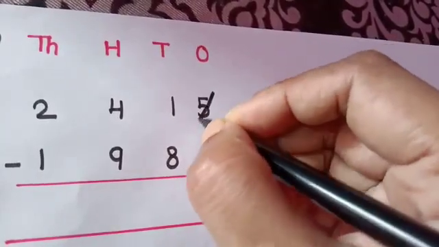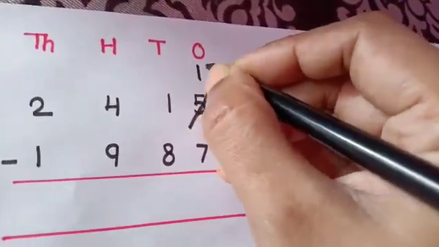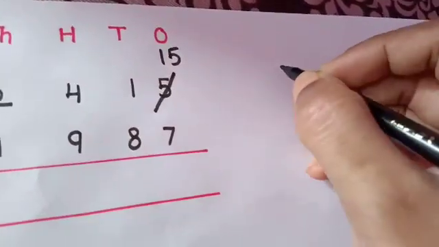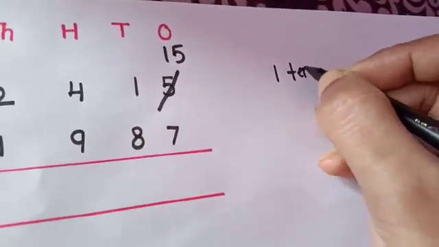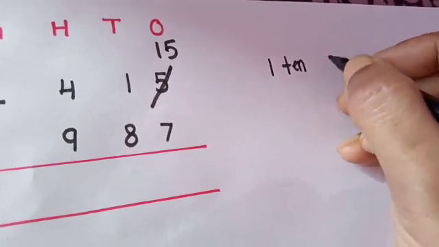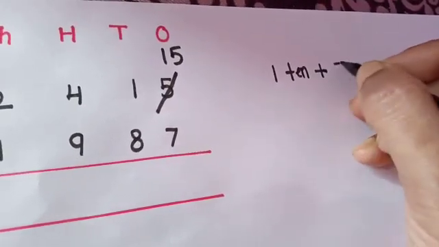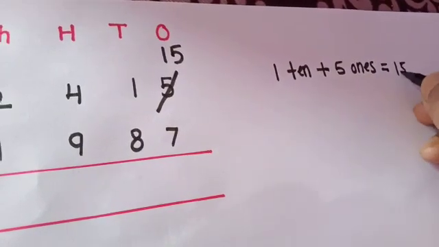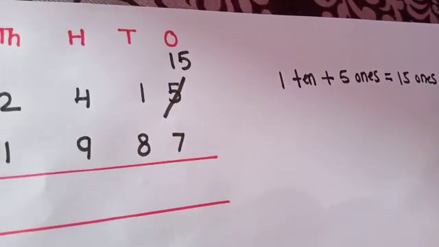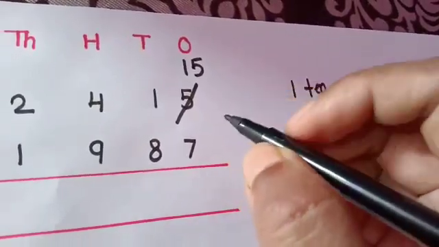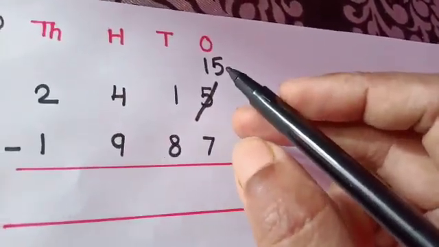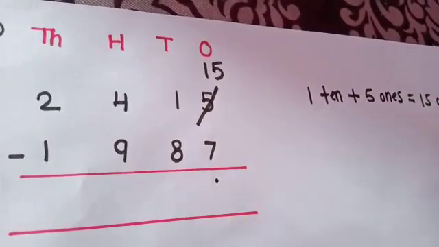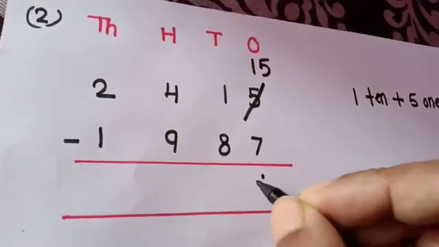So it becomes 15, because 1 ten plus 5 ones is equal to 15 ones. Okay, so we can easily subtract 7 ones from 15 ones, then it becomes 8.